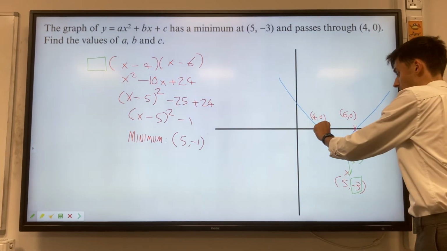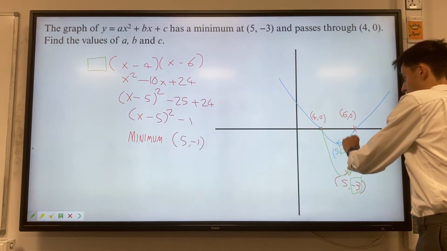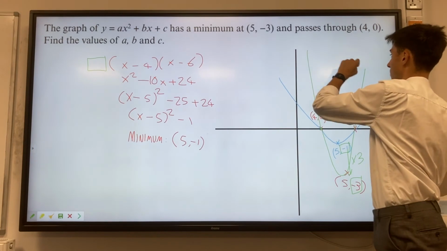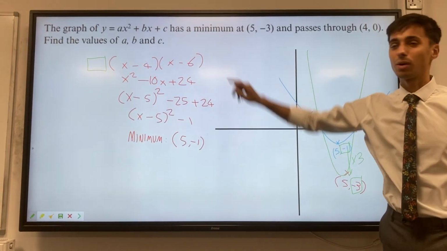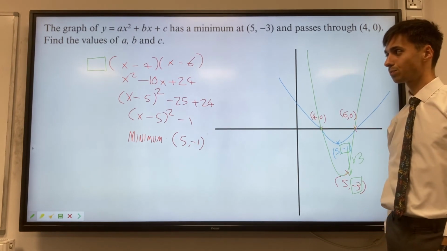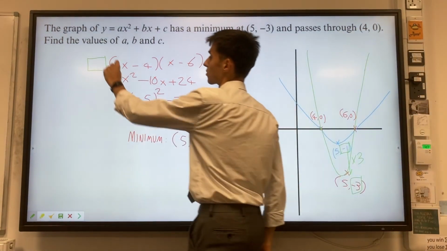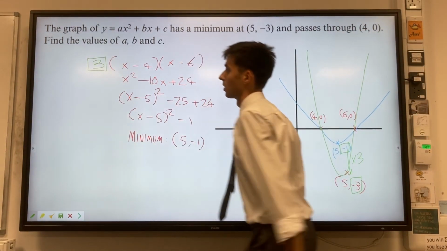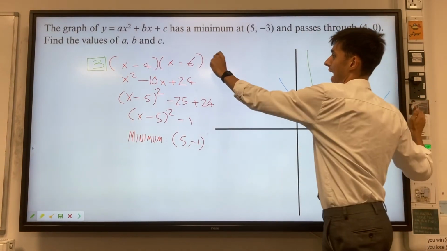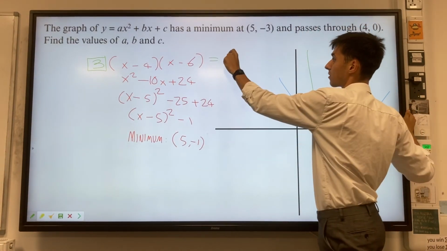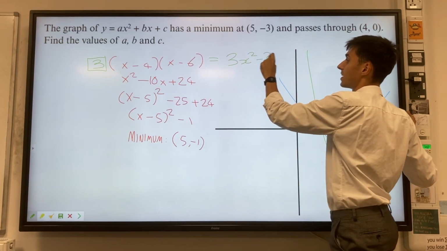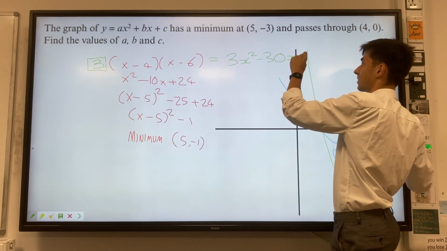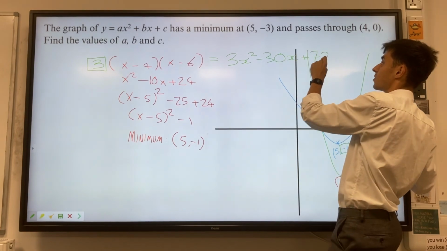So our graph will now look, I'll draw this nice stretched out version, 3 times as steep as (x - 4)(x - 6). So if we add in this 3, well, when we expand that out, it's actually going to give us 3x squared minus 30x plus 72.